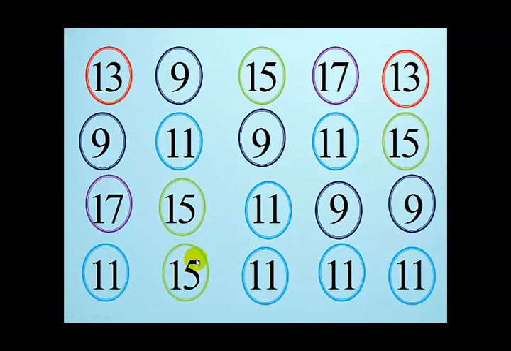With age 17 we have 1, 2. And with age 13 we have 1, 2. Now with age 11 we have 1, 2, 3, 4, 5, 6, 7. So we are going to develop a table based on the data we have here according to the ages of the students.